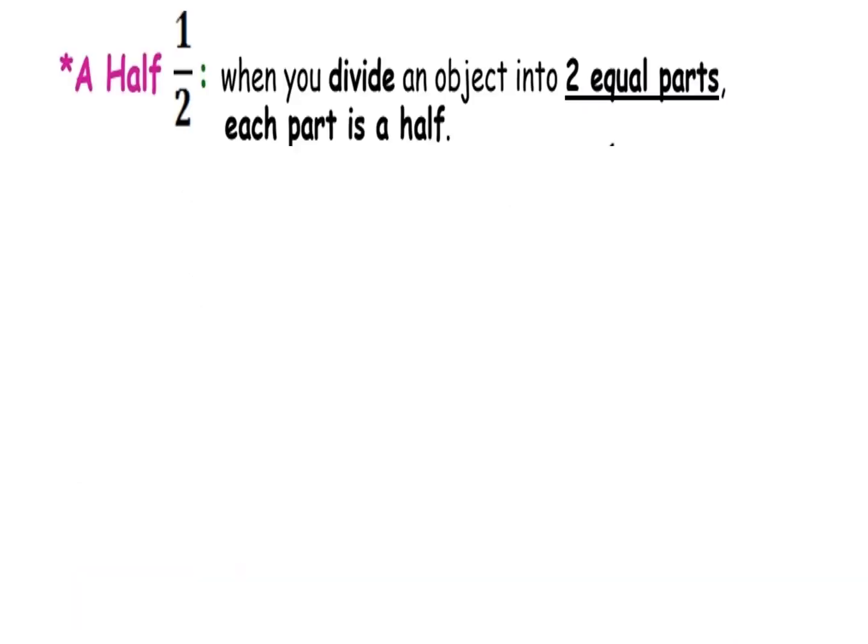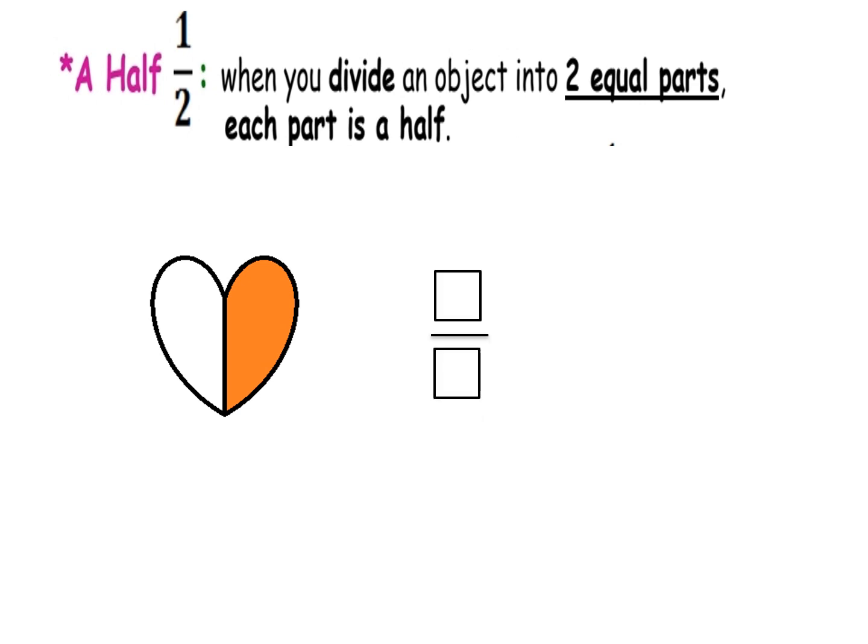First, we have a half. What is a half? A half is when you divide an object into 2 equal parts. Each part is called a half. So if I have a heart like this, and I divide this heart into 2 parts, and I take only one part and color it, this part is called a half.